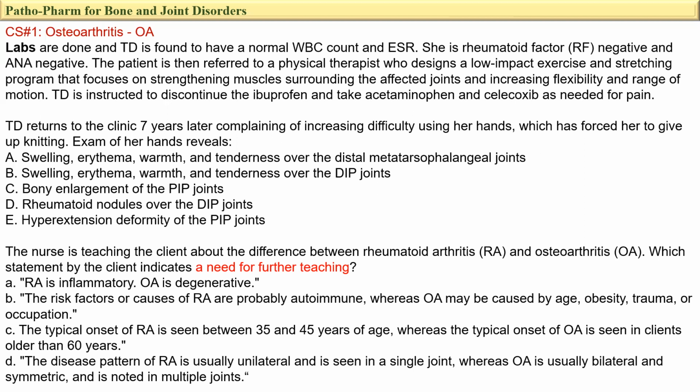Acute inflammation characterized by swelling, erythema, warmth, and tenderness is not commonly seen in patients with osteoarthritis, but is more common in inflammatory rheumatoid arthritis. These signs are more consistent with rheumatoid arthritis, or even gout or septic arthritis.